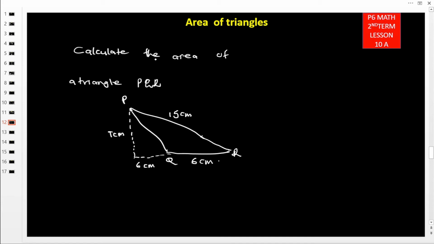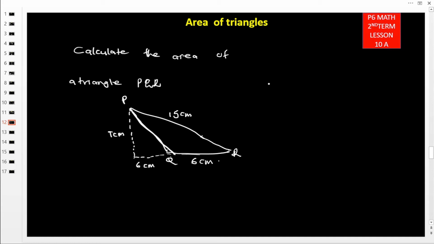The question is telling us to find the area of triangle PQR. Remember, this side is slanting, it is not a standing line, it is bending. But this is the height, so this is the triangle we have to work with.